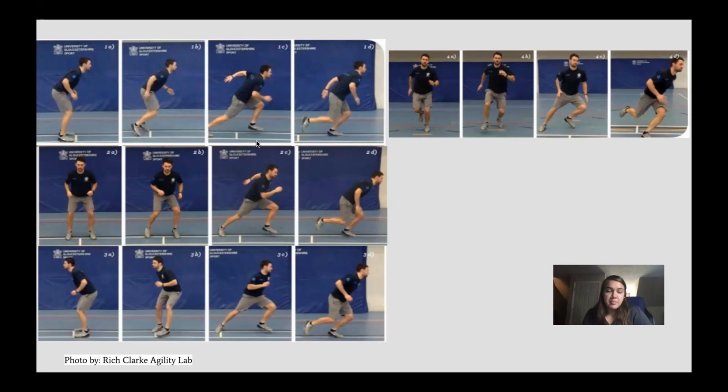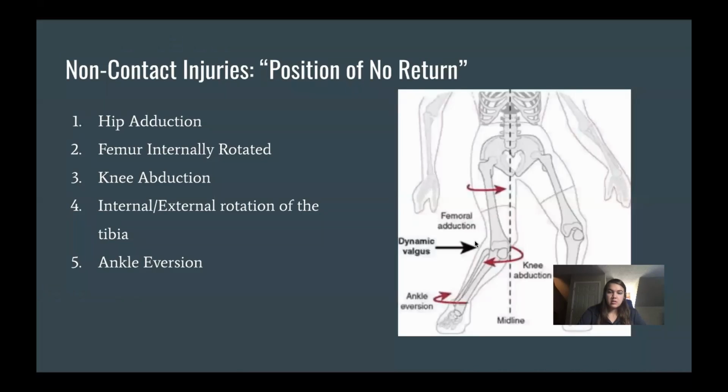As you can see in the third picture in the first one, second picture in these two, second picture in this one, they all have to plant to make that change in direction. And I think it's important to notice too, that sometimes that change in direction is at a 90-degree angle, which is very, very hard on the ACL.